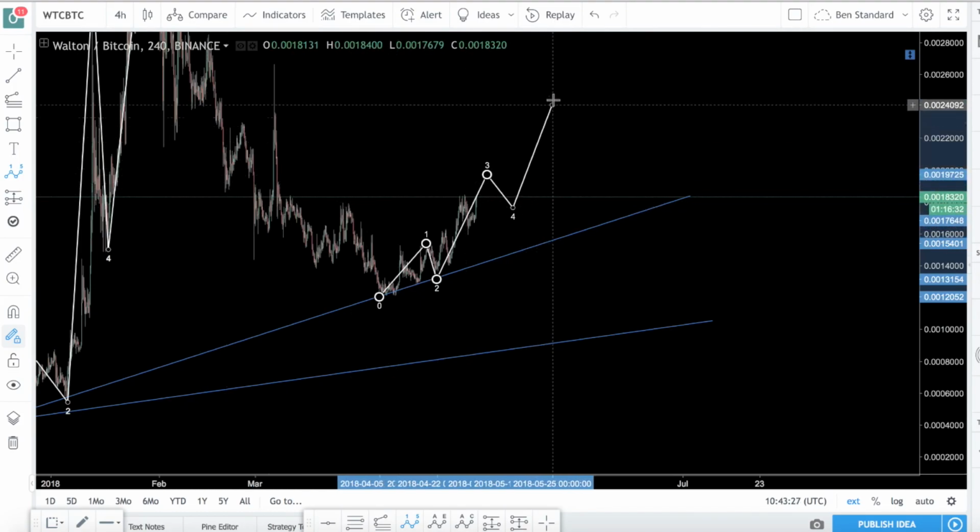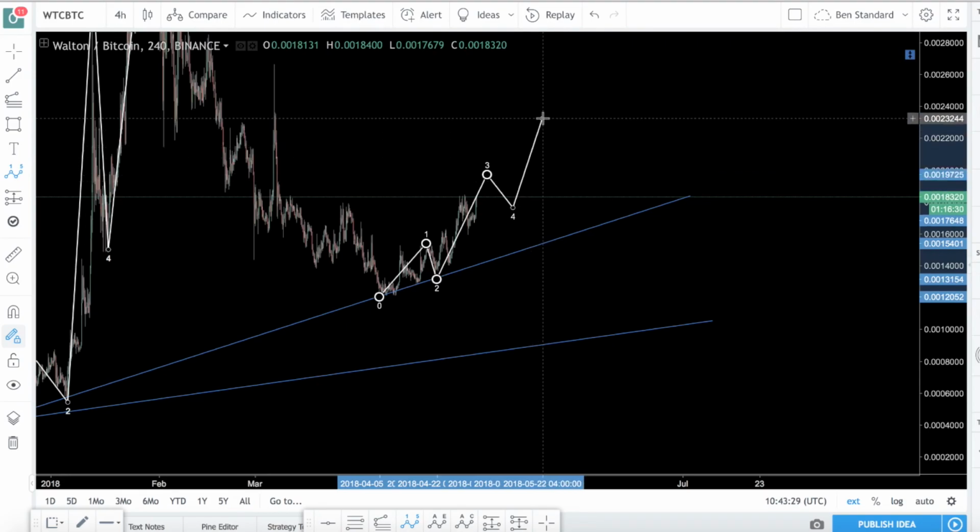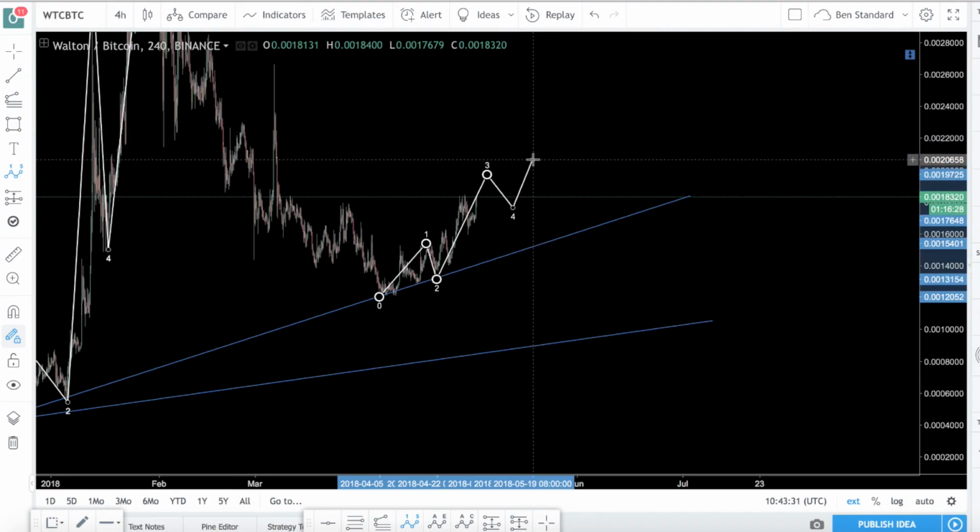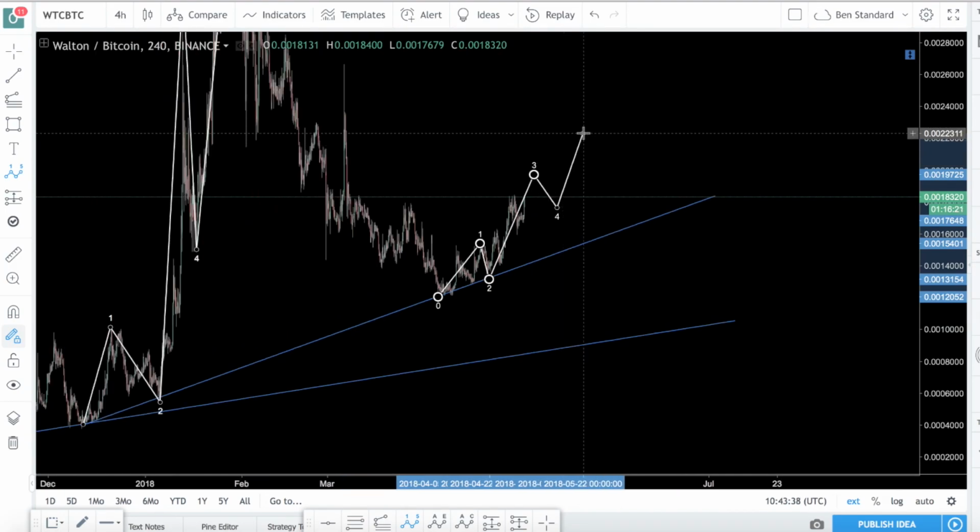And the fifth wave, we have no idea where it's gonna end, but if we look at the trend-based Fibonacci extension tool, we can see if we have any valid points that we can use.